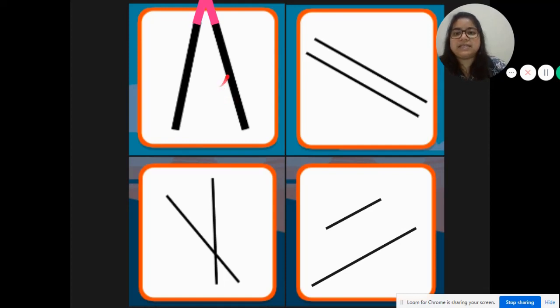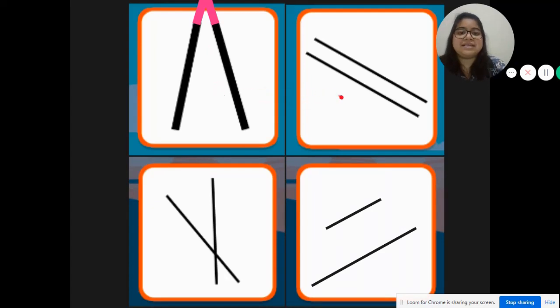So are these lines parallel? No, they are not parallel because when you extend these two lines, you can see they come and meet at this point. So we cannot call these two lines parallel because they don't fulfill the conditions.